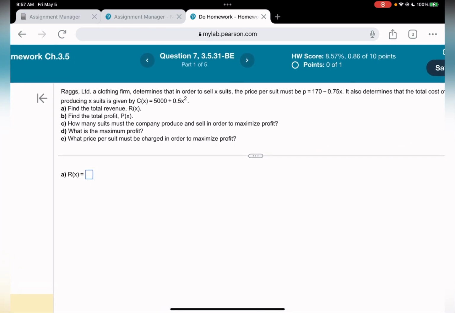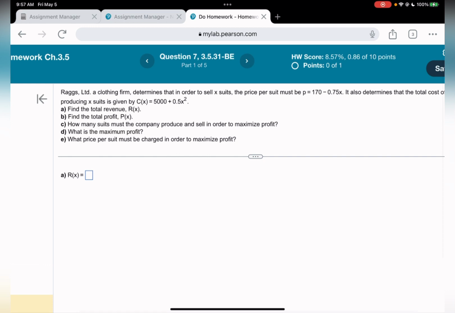Rags Ltd, a clothing firm, determines that in order to sell x suits, the price per suit must be P equals 170 minus 0.75x. Price is per unit.